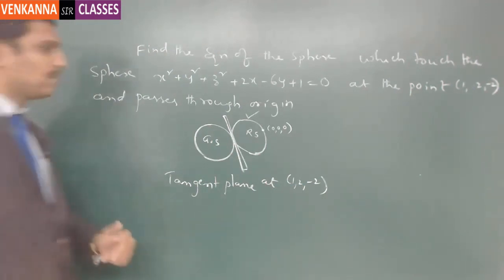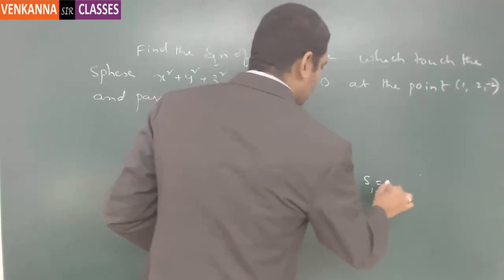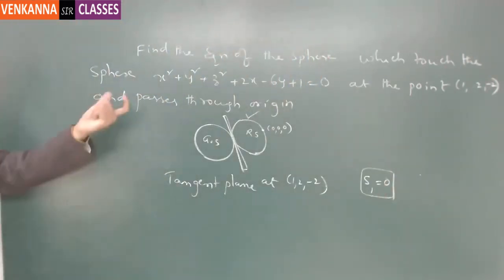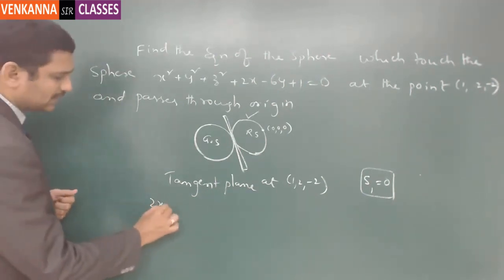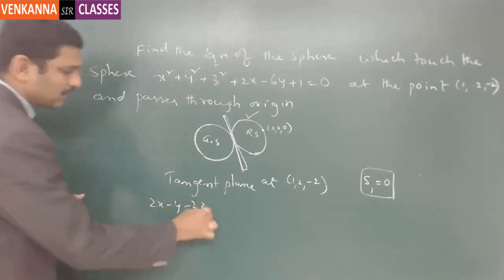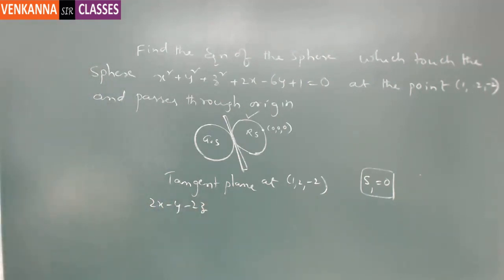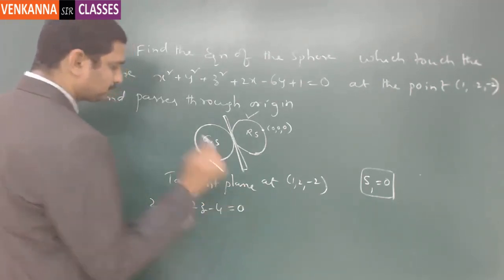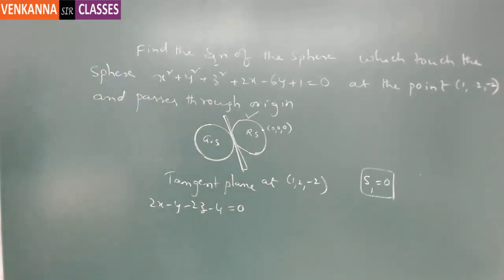So using the formula S1 equal to 0, you can find it. The equation of the tangent plane is 2x minus y minus 2z minus 4 equal to 0. Could you check on that by doing the substitution?